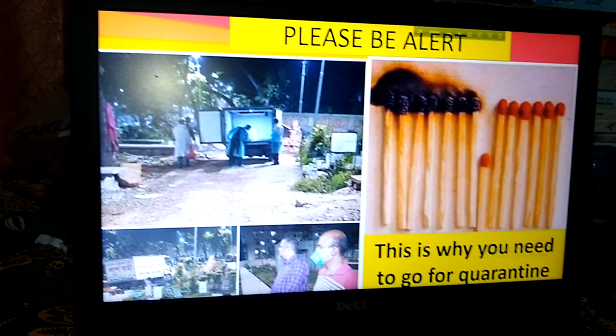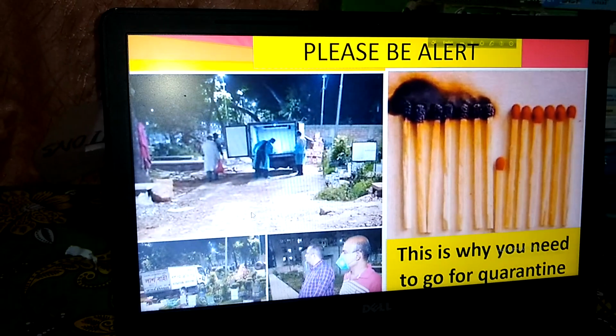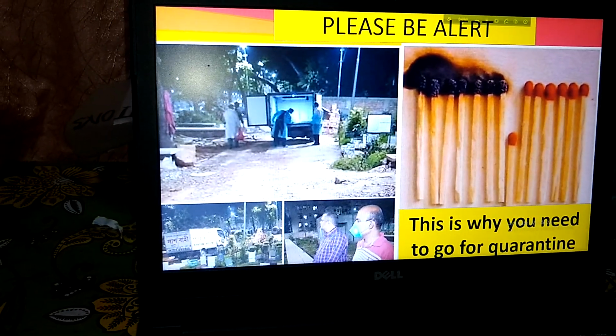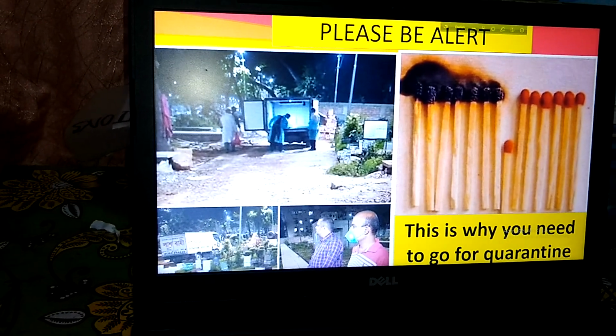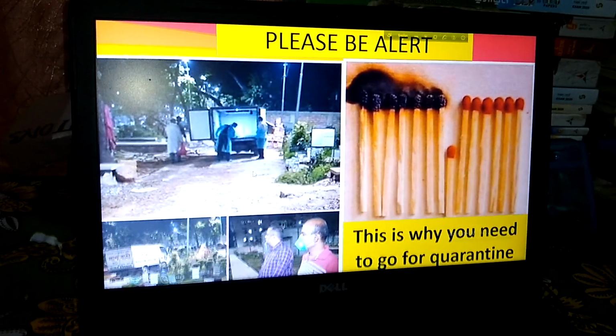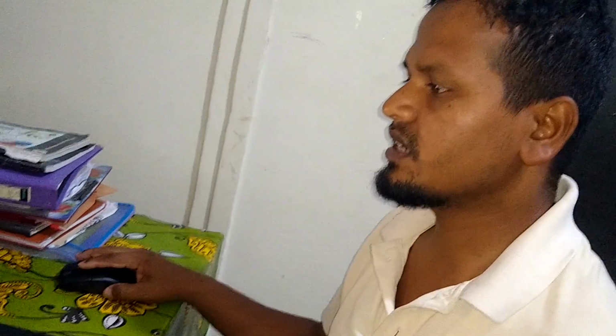Don't hide your problem. If you feel you need to go to quarantine, these are the pictures of a dead person. There is no janaza without the help of anyone. You don't have any chance to get janaza or prayer. No one, not your sons and daughters, your relatives, will touch you. So these are the examples.